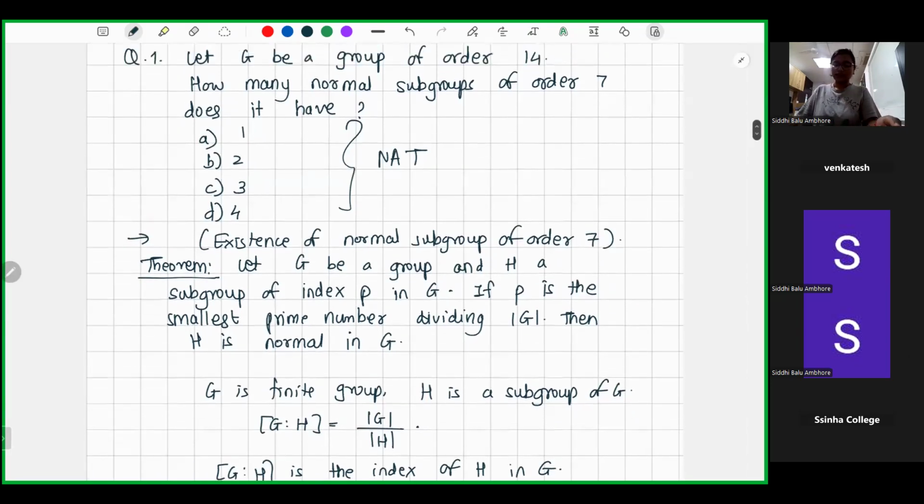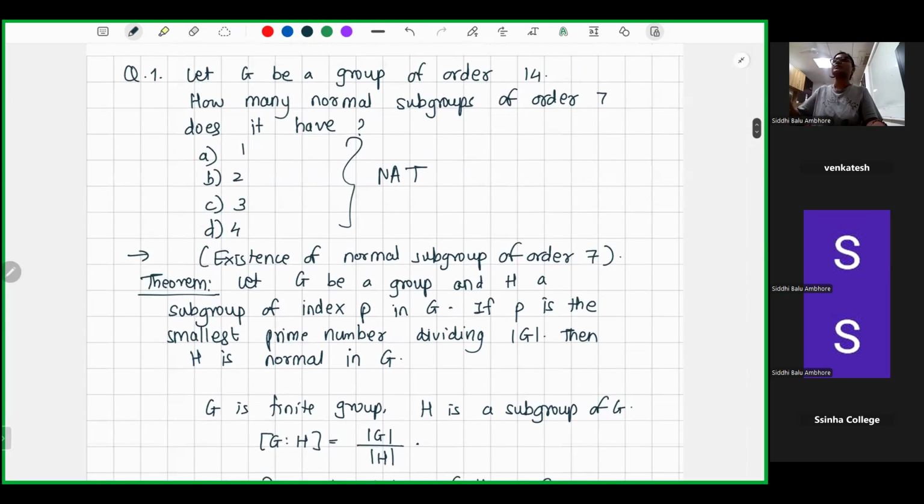So that's why we have the existence of a normal subgroup of order 7 in this case. And now we have to calculate how many normal subgroups of order 7 it has.